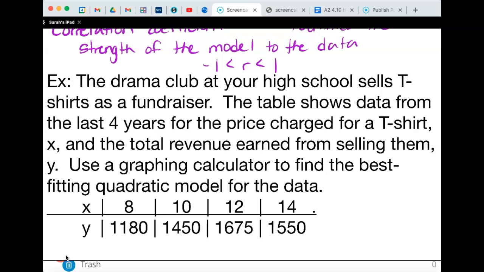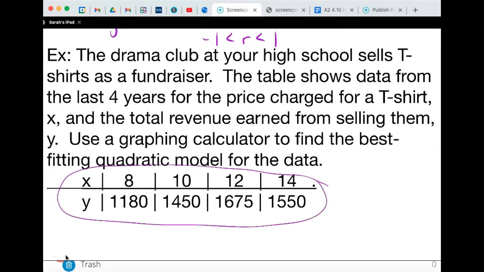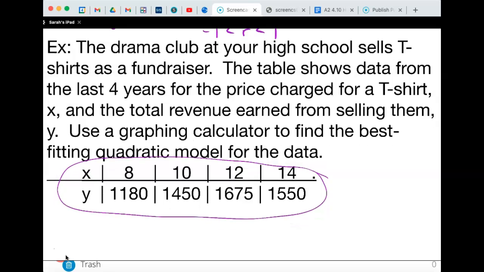Okay. So basically what you need to write down is this lovely little table here. So if you're in the correct Desmos and you click graphing calculator, there should be a graph on the right side of your screen and a column on the left that you can type into.